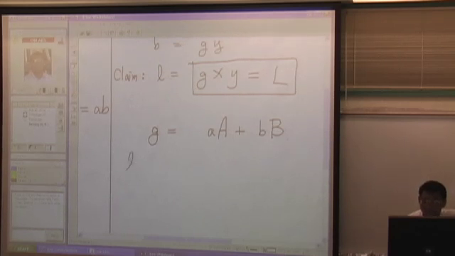L equals, sorry, I call this capital L. The claim set is L, so I will use my definition. Capital L equals this thing. So it equals, just a moment.